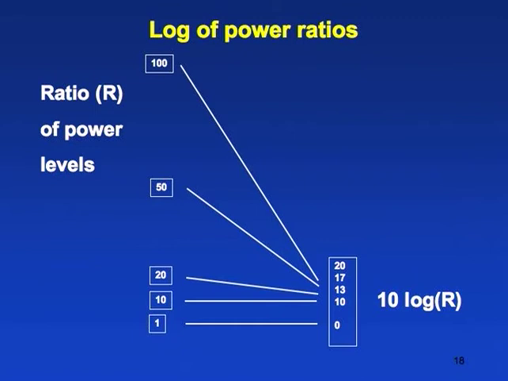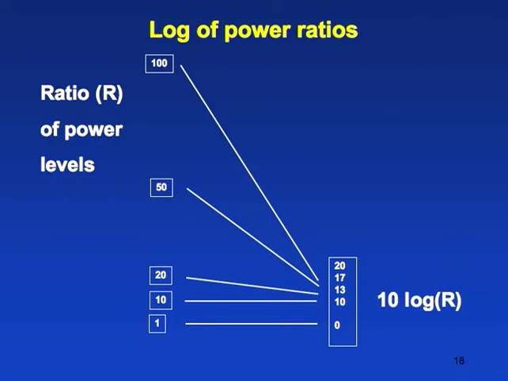Remember I said we want to know what the difference is between the input and the output? That would be a ratio. The ratio might be 1, which is what we'd like to have for a circulator, that the output is the same as the input. So we have here a ratio of 1 down at the bottom, and that is 0 dBs. In other words, no difference.